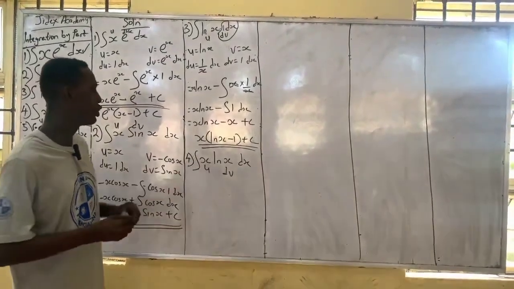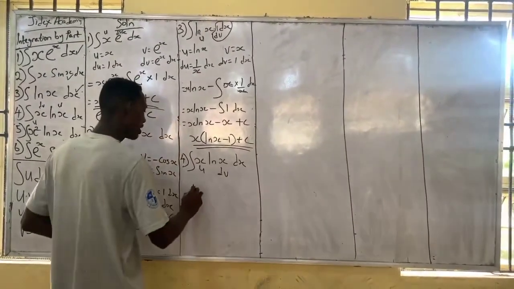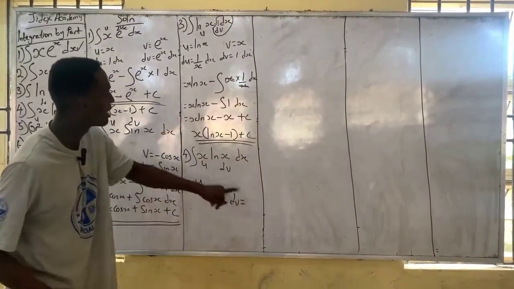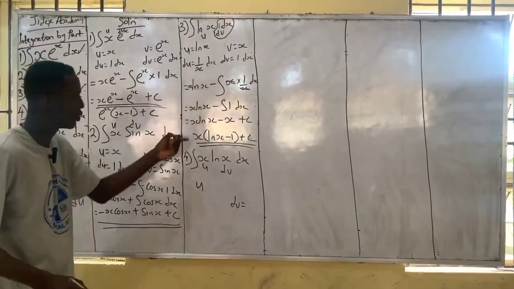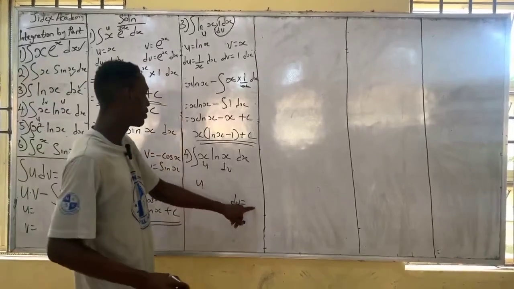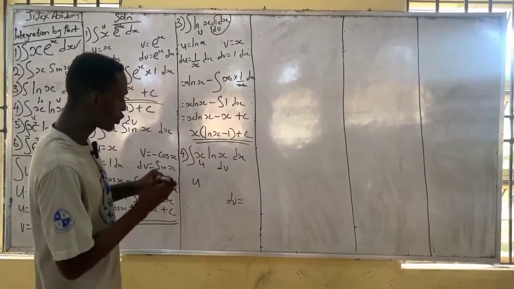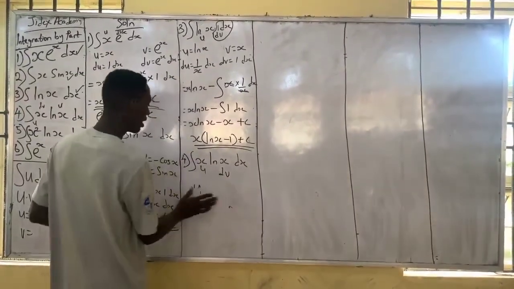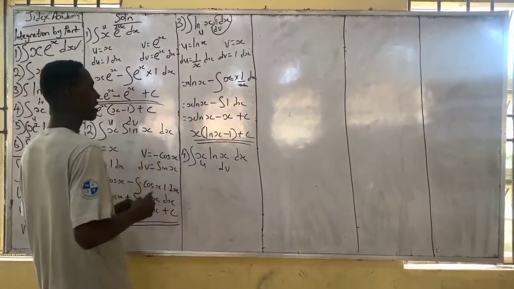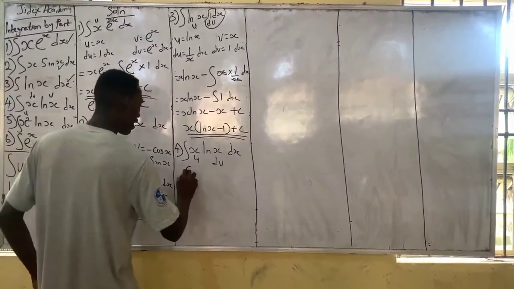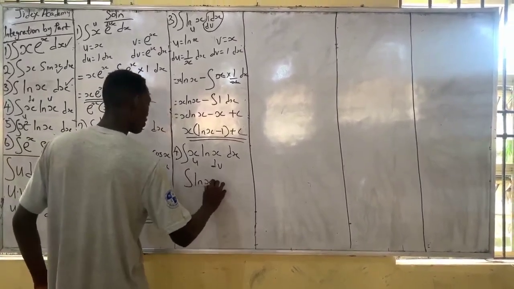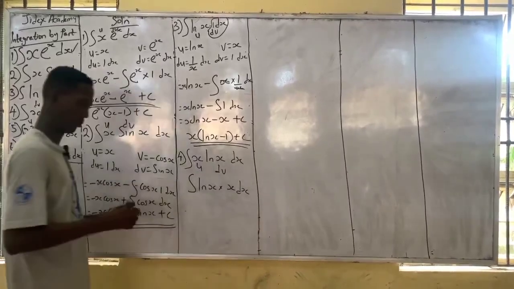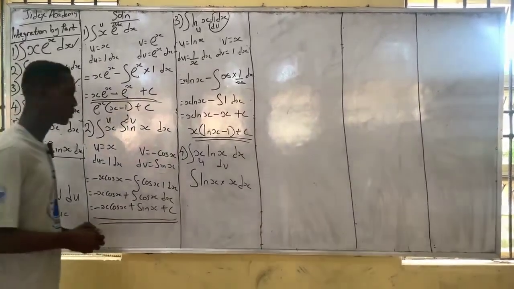If I make this u and I make this dv, for an assumption, finding the antiderivative of ln x is going to take me a whole lot of time. So instead of doing that, I can just rewrite this as ln x times x dx, in order to save us some stress.